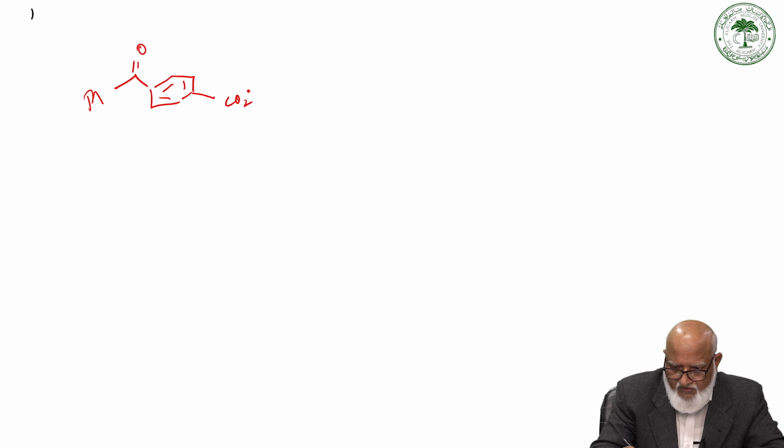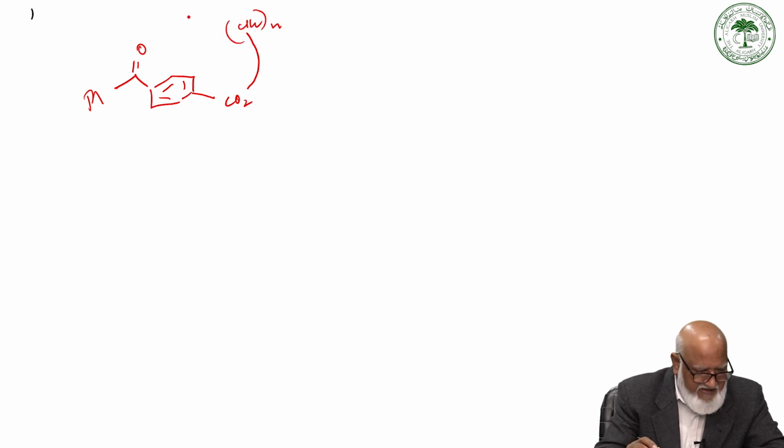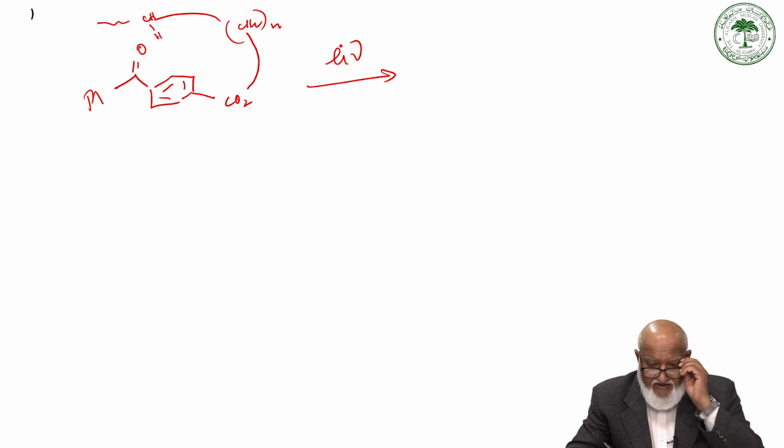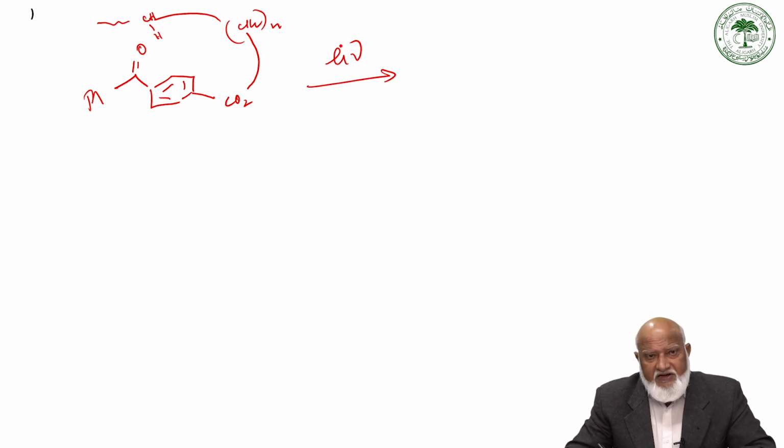C double bond O, you have CH2, here many long chain, and then CH. So this is the substituent at the para position. You have a long chain alkyl group.